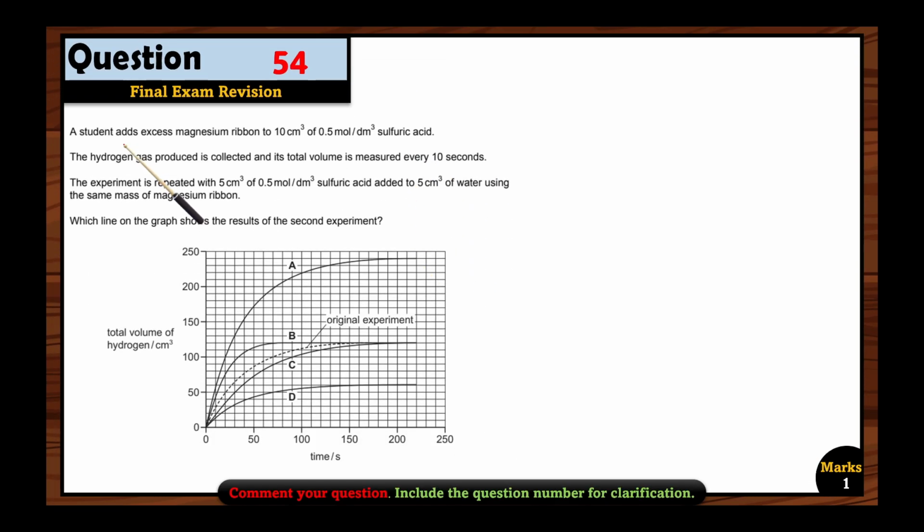Question 54. A student adds excess magnesium ribbon to 10 cm cube of 0.5 mol per dm cube sulfuric acid. The hydrogen gas produced is collected and its total volume is measured every 10 seconds.